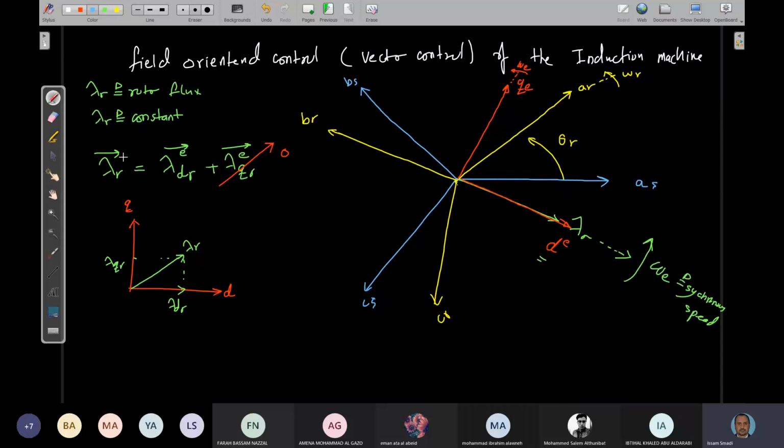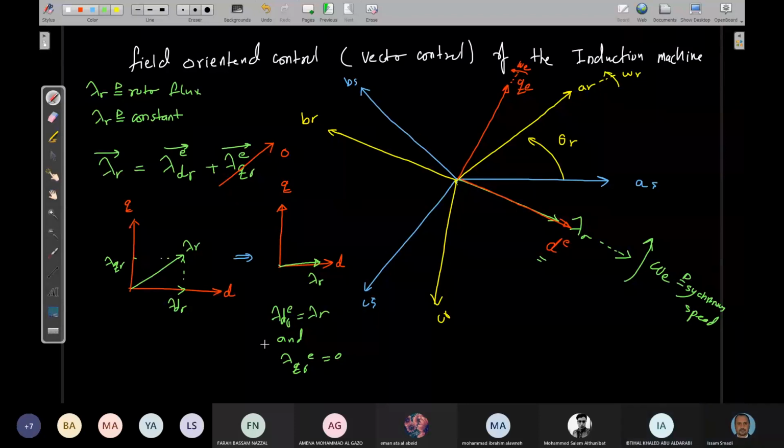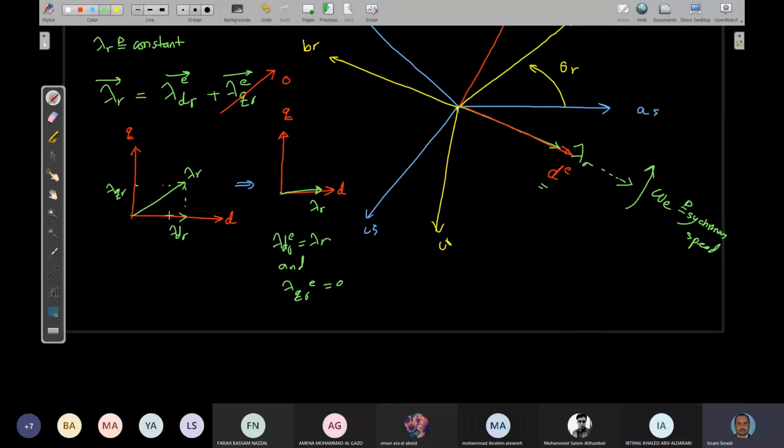Now, if I manage to put this is the D, this is the Q, and now here is my flux, lambda R. Then simply from here, I can get lambda DRE is equal to lambda R, and lambda QRE is equal to 0. Yes or no? Correct. Good.